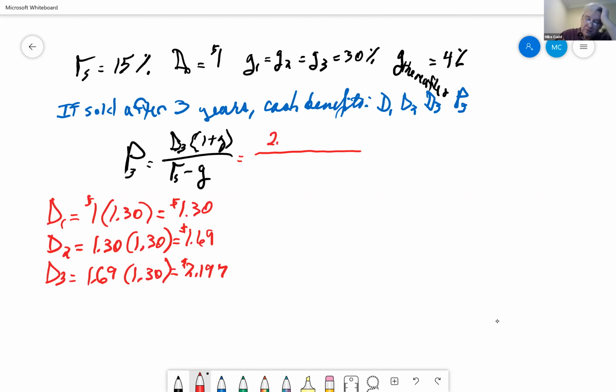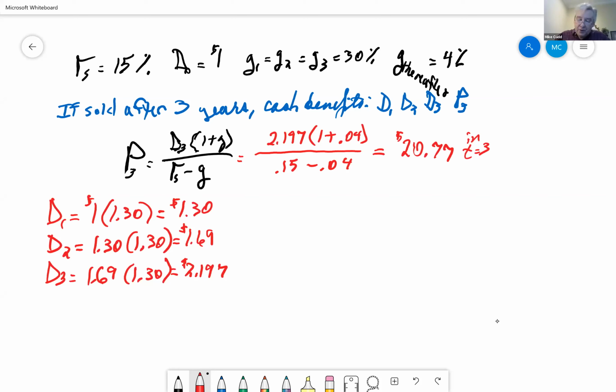The dividend in year 3 is $2.197 times 1 plus that constant growth rate of 4%, then divide by the stockholders' required rate of return minus that 4%. Now I'm getting a selling price of $20.77, and that's in year 3.